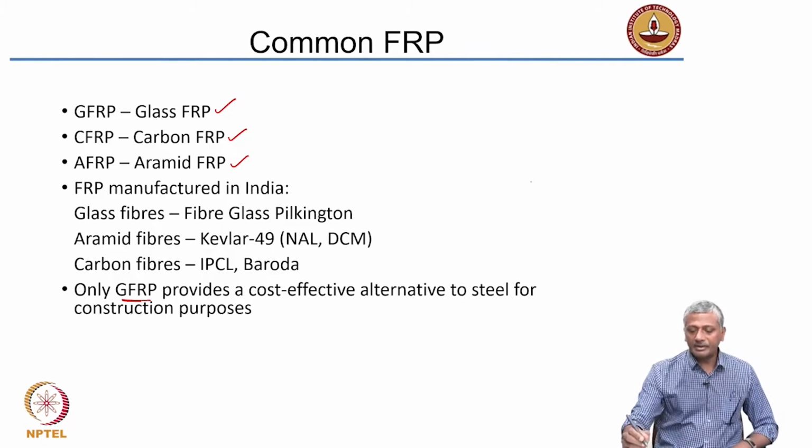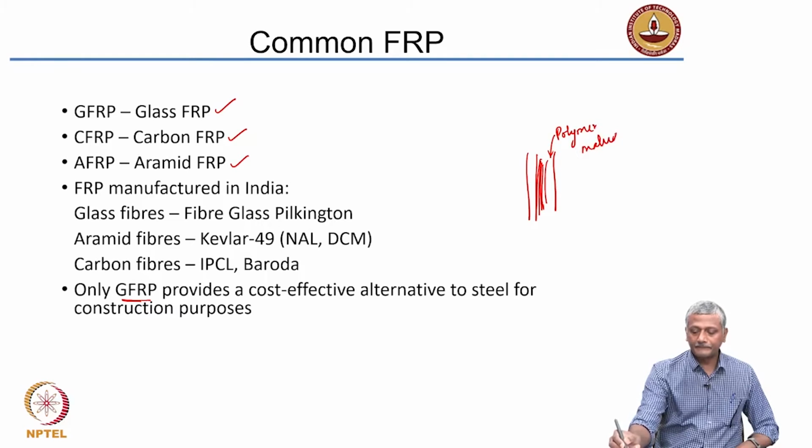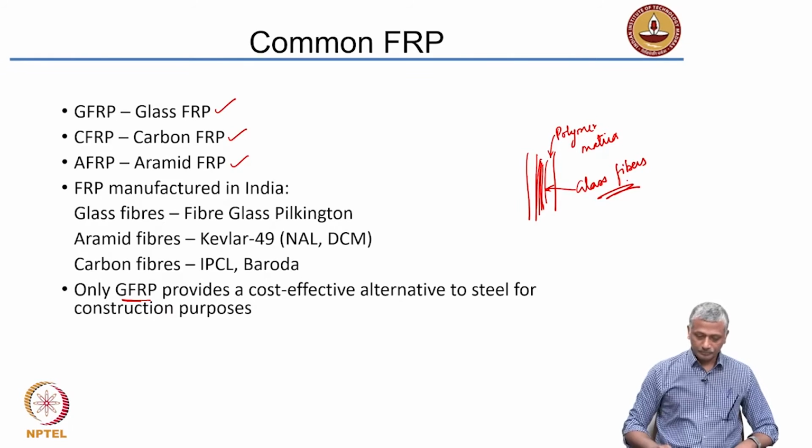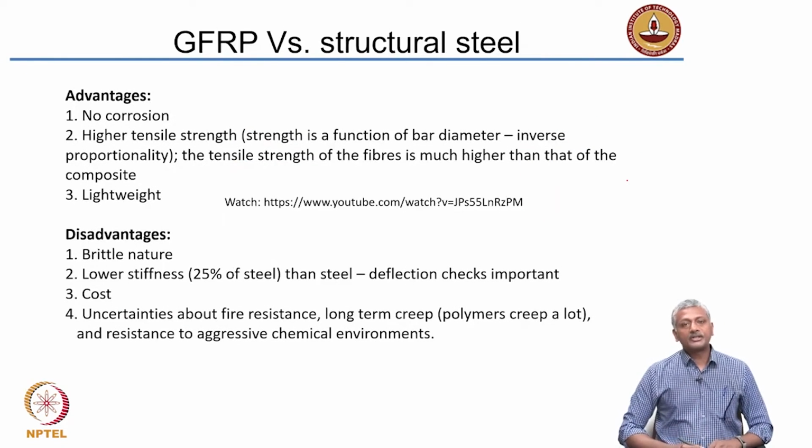So, here you have fibers of glass embedded in a matrix, polymer matrix, and these are glass fibers. The advantage obviously of glass fiber reinforced plastic is that it will have no corrosion, because it will not degrade like steel.